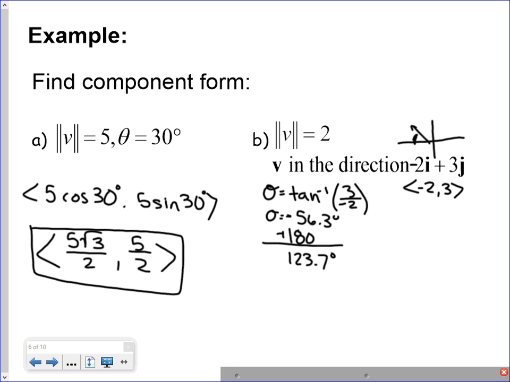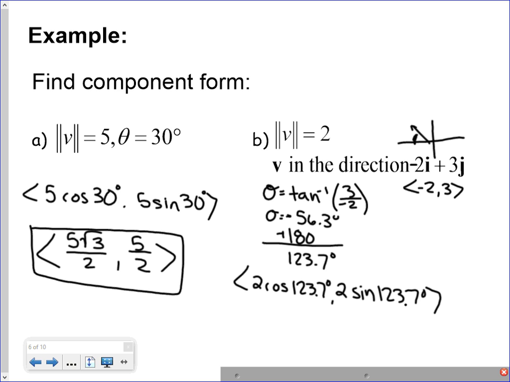Could you write component form? Yeah. So you would do something like the magnitude 2 times the cosine of 123.7 and the magnitude 2 times the sine of 123.7. And those are not angles on the unit circle.